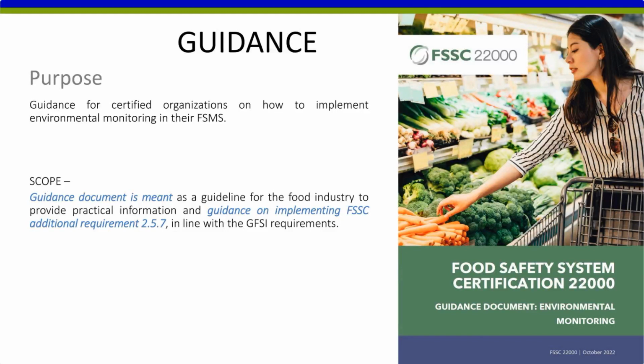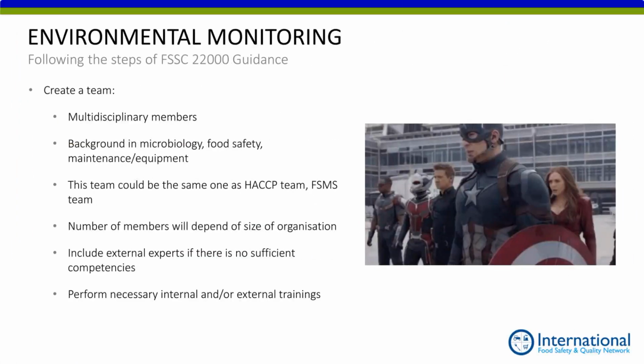And this guidance document is meant as a guideline for the food industry to provide practical information and guidance on implementing only this one requirement, 257, in line with the GFSI requirements. So you have seen that version 5.1 of FSSC was issued in November 2020, and after 2 years we have a guidance document. So what is there in the guidance document?